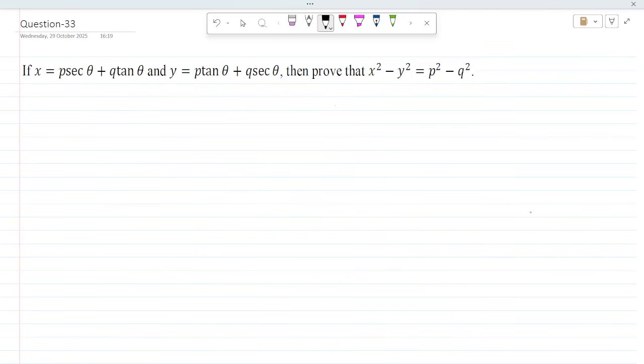What did he give? X is equal to this, Y is equal to this. Prove this. I will take the LHS. What is the LHS? LHS is equal to x square minus y square. What is x?